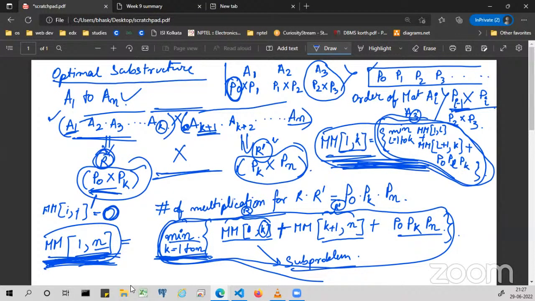Only difference is that these values would be repeating, right? These two values which I'm getting while executing, I would put those values in an array or in any proper data structure. And every time I calculate, before calling this function mm(1,k), I would just check if mm(1,k) is not equal to 0. So let's say initially this matrix mm you have initialized with, let's say, -1, all the cells.